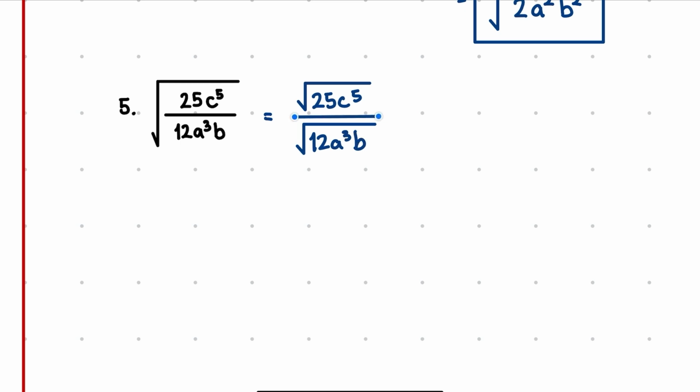Basically, dividing inside a radical is the same as dividing the numerator and denominator, wherein we split the radicals out there. Then from here we just simplify the numerator and denominator.